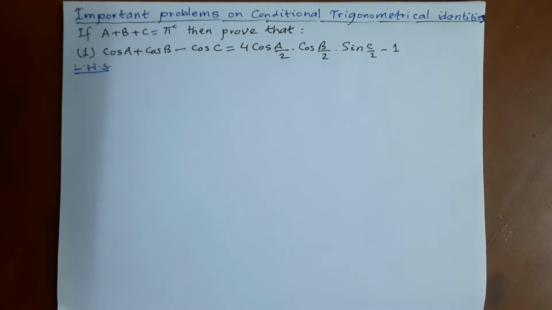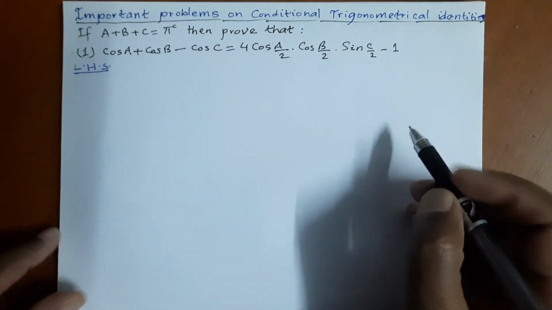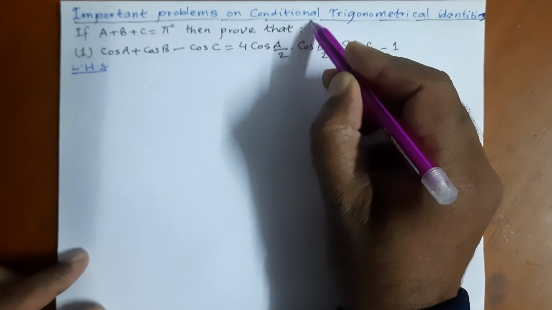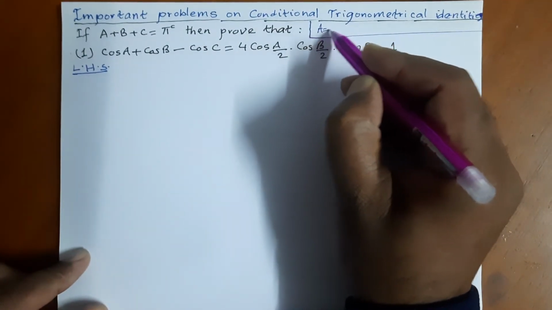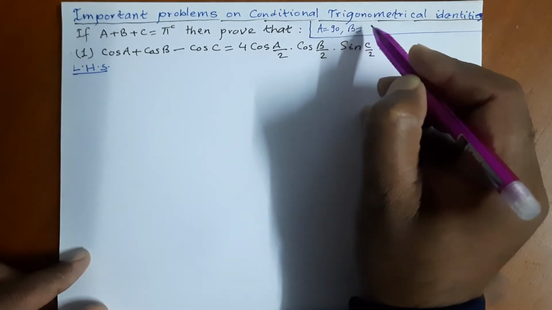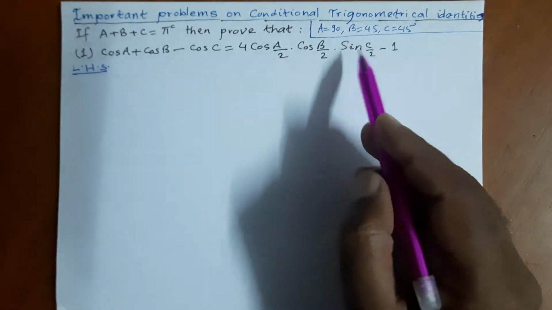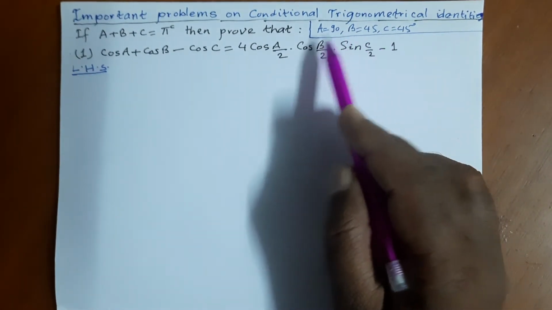You have to take angles A, B, C in such a way that their sum is 180 degrees. To check whether the question is correct, you can put A equals 90, B equals 45, C equals 45. Then the sum is 45 plus 45, 90, 90 plus 90, it will be 180.